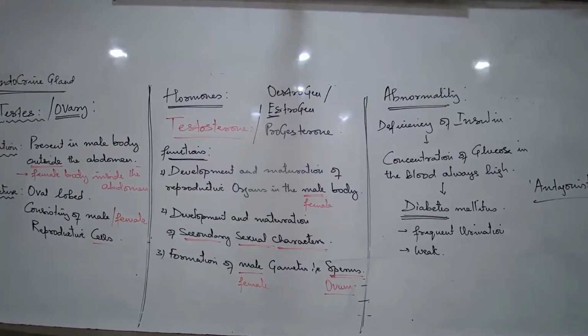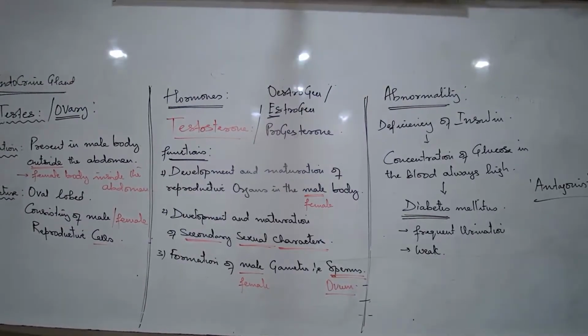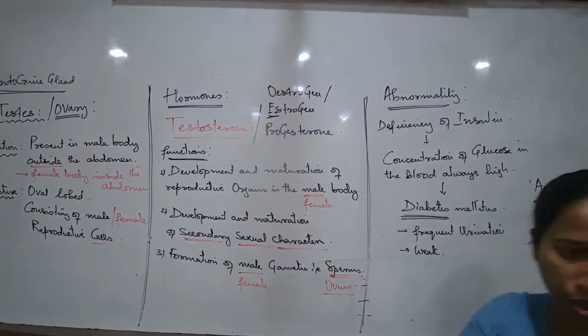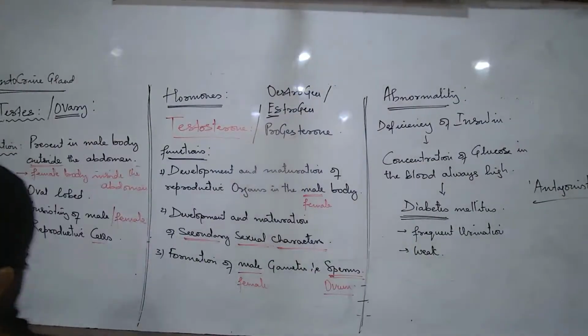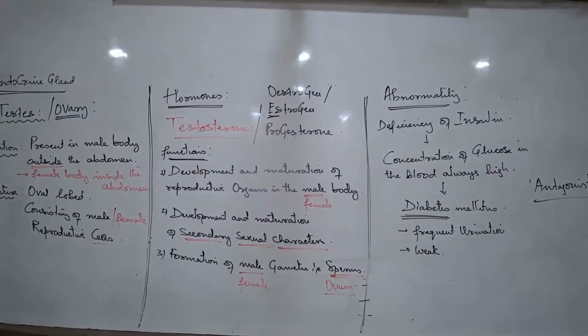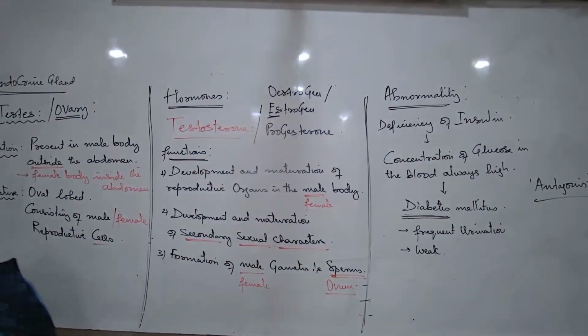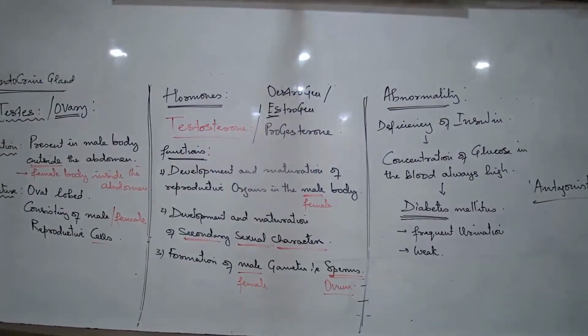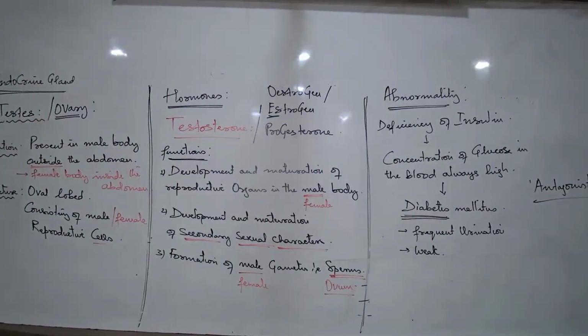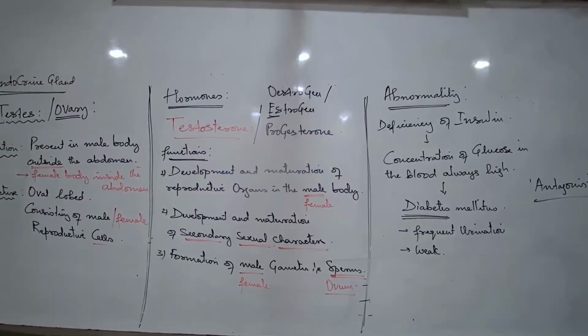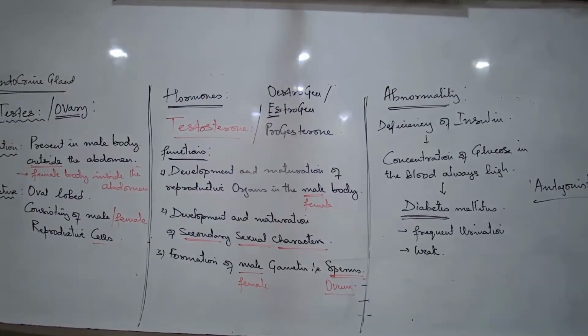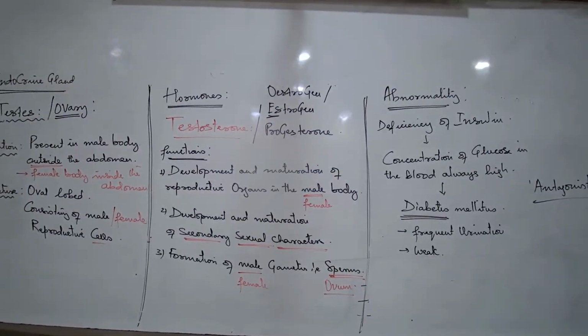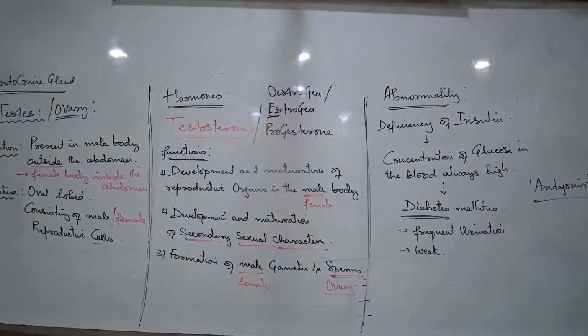Just get acquainted with some names first of all. Now these names are absolutely new for you. We are going to come across some names and just one function, nothing much. Now, what are the types of hormones in the case of plants, and what type of function would they generally show?